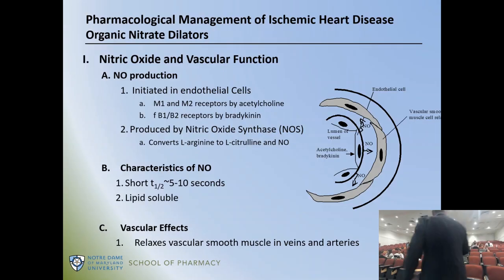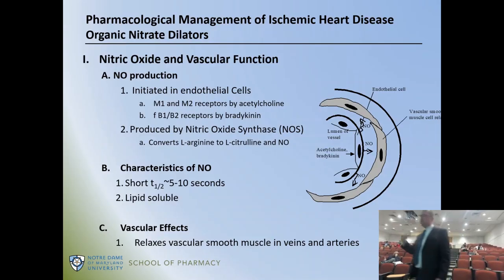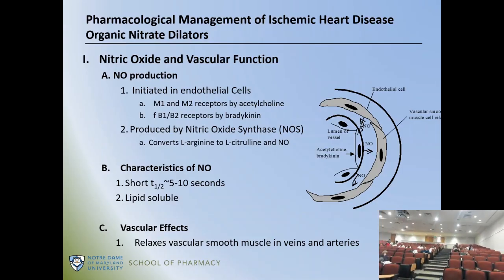The stimulus for these cells to produce nitric oxide is activation of muscarinic and bradykinin receptors, M1, M2, and B1 and B2 receptors. I don't know what that F is up there for, I think it's a typo. But muscarinic and bradykinin receptors, when they get activated on endothelial cells that line the inner surface of your arteries, will cause production of nitric oxide.